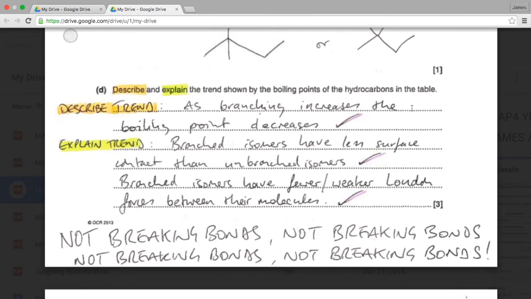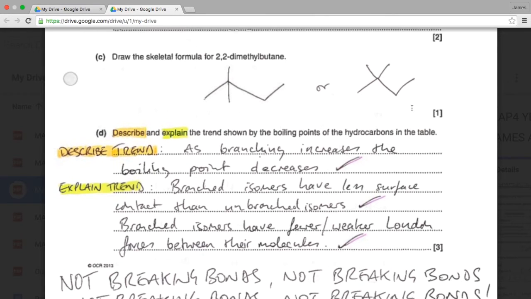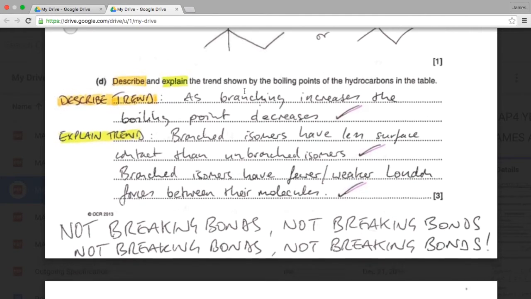So it's going to take less energy to separate the molecules from each other. And I'm trying to make it very, very clear that we are not breaking bonds. So when you boil these things, you're not pulling the carbons from each other and the hydrogens from the carbons. You're not doing that.